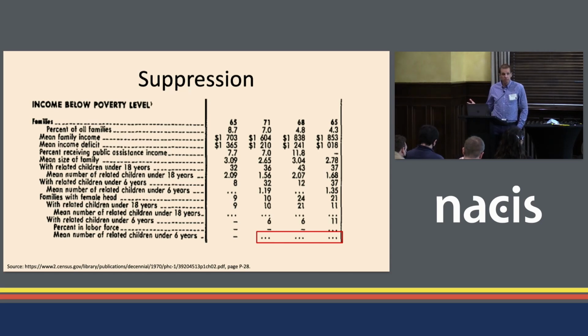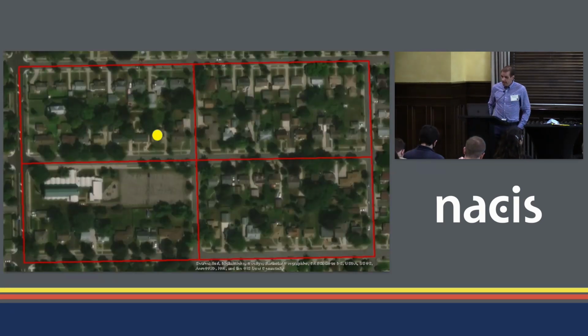So the drawback to suppression, of course, is you're missing data, right? You would like to know what that is, and so if you're doing analysis on that geographic area, trying to make a map, it's going to be a hole in your map, or you're going to be missing data for doing that analysis. In 1990, the Census Bureau decided that suppression was not really a useful way of doing that, mostly from the missing data problem.